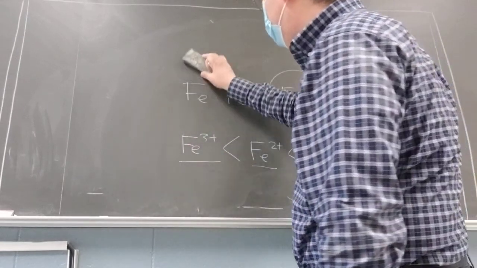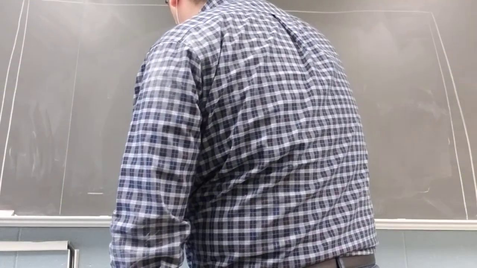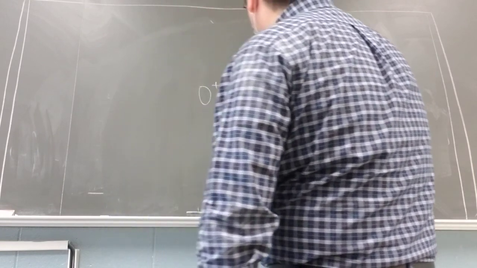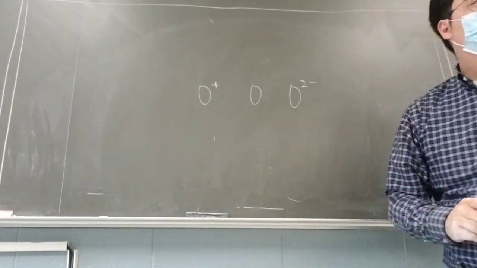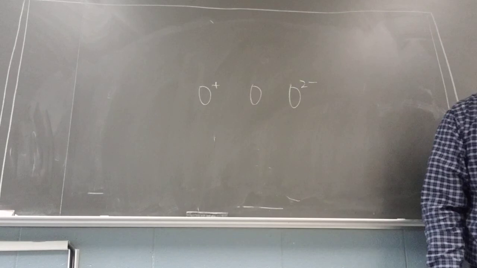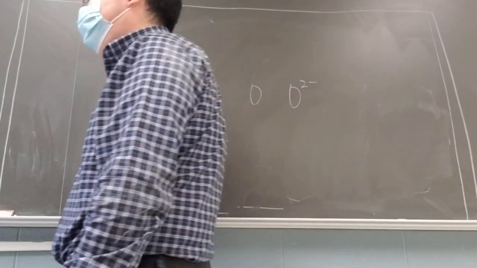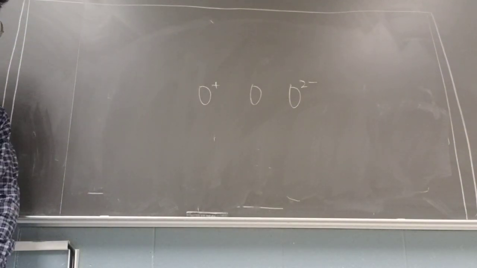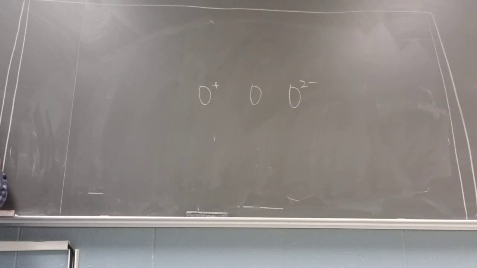So as you can see, if it becomes the anion form, it's bigger; cation, smaller; element form, it just stays the same.